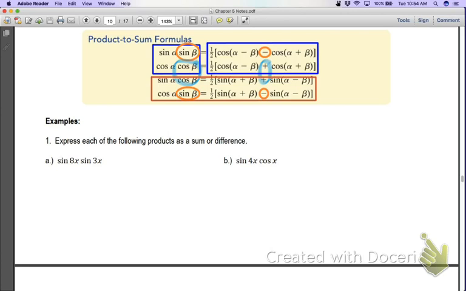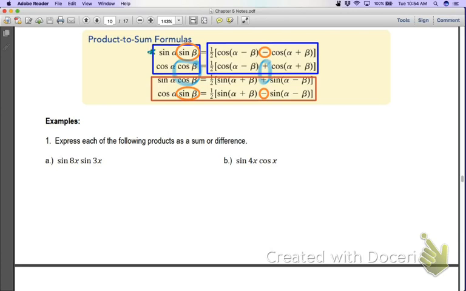Whenever we use any of these product to sum formulas, all we're going to do, so if I have sine of 8x times sine of 3x, two sines on the back end, it's going to fit up here with the first one.